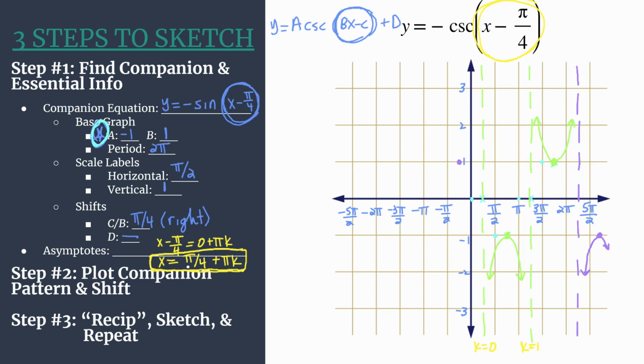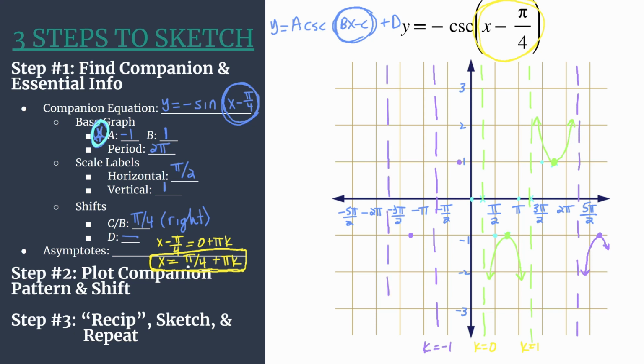We'll work our pattern backwards, so we have a local minimum here, a vertical asymptote. Notice this one's at -3 pi over 4. We predicted that. That was when k equaled -1. All right. So then we have another local maximum, another vertical asymptote.